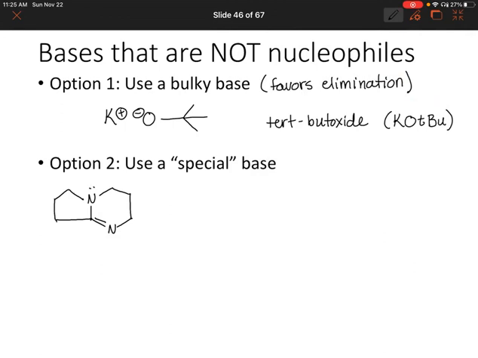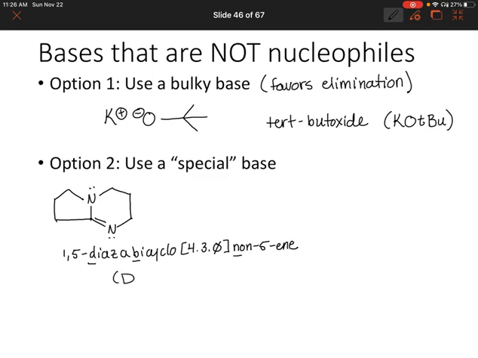And again, this is called 1,5-diaza bicyclo 4.3.0 non-5-ene. But we abbreviate this DBN.